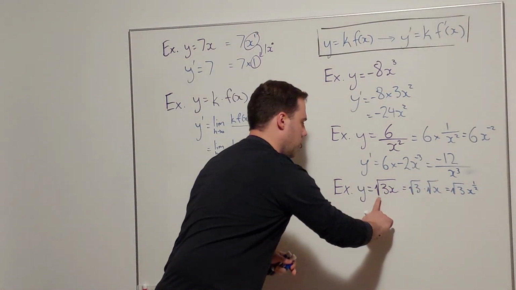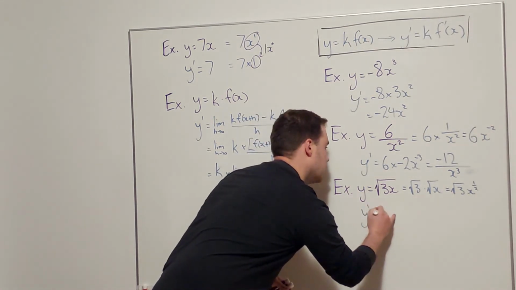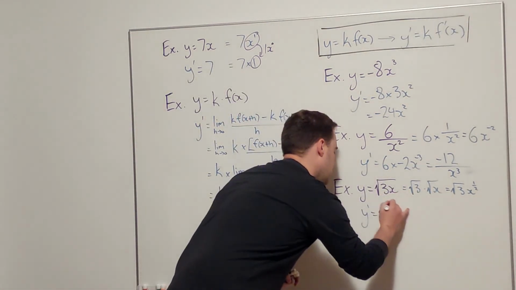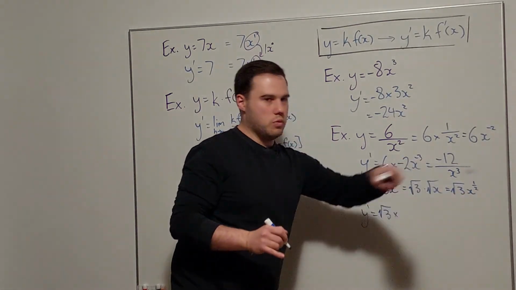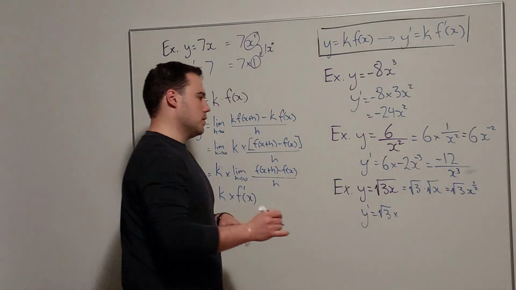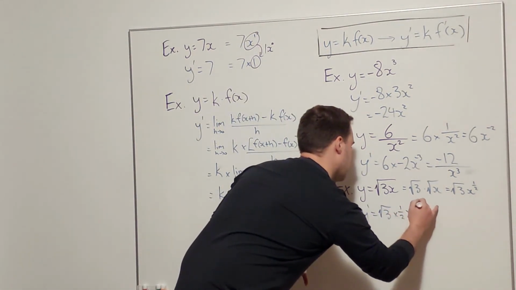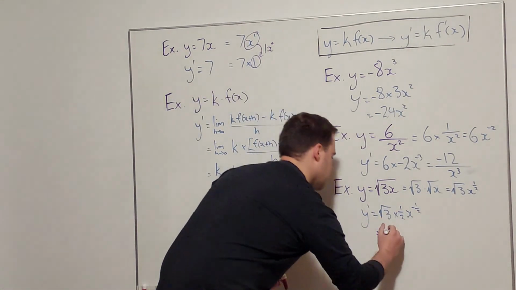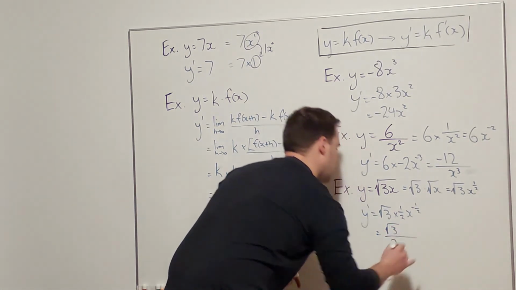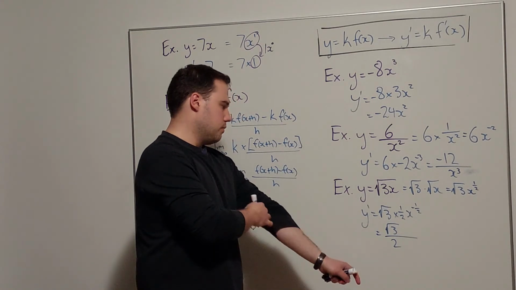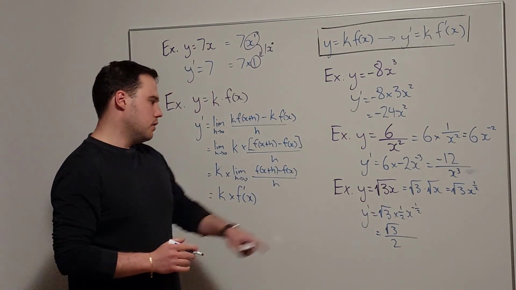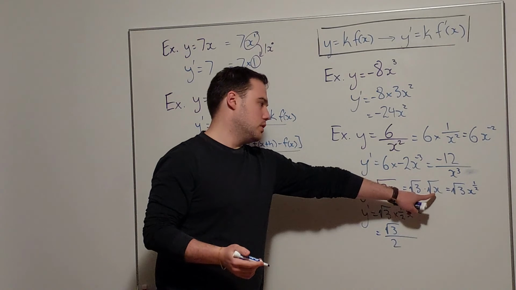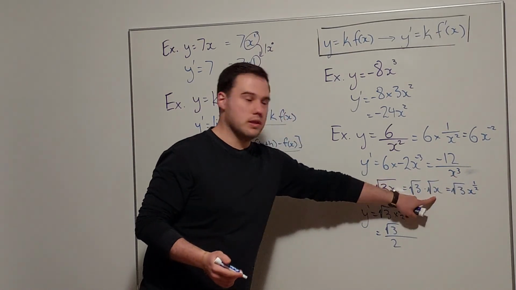So we can differentiate y equals root 3x, which is equivalent to root 3 times x to the half, by multiplying this constant, root 3, by whatever the derivative of x to the half is, which is, bring the power down, half, subtract 1 from the power, right, and then we're going to have root 3 over 2 and just like when you do x to the negative half, with or without the root 3 constant out the front, negative is going to become x to the positive half down in the denominator, and then just like we change root x to x to the half, positive half is going to change back to root x.